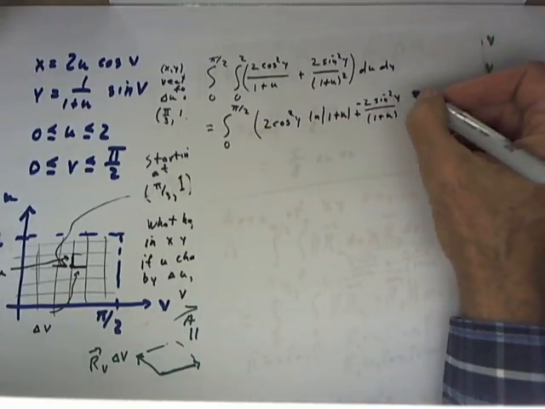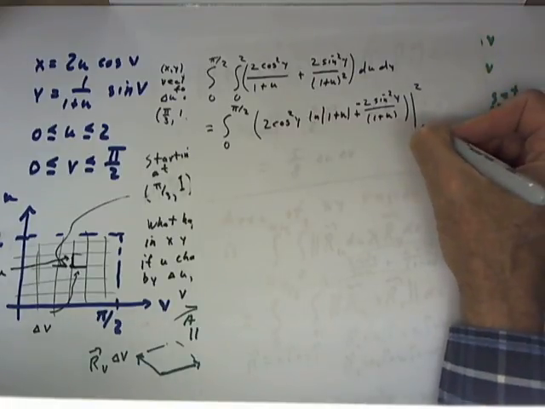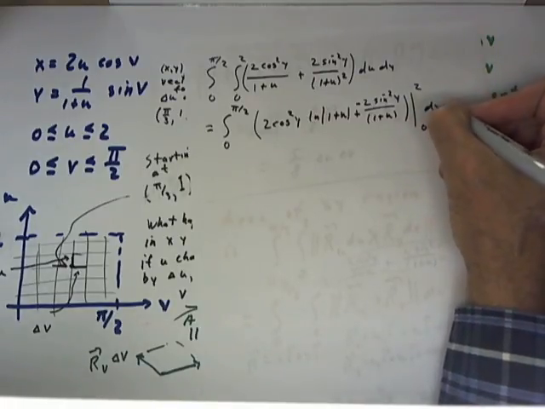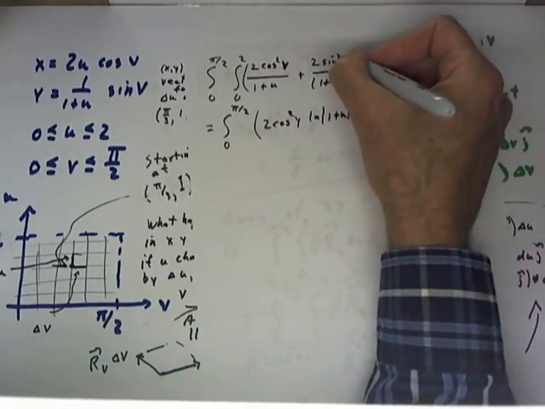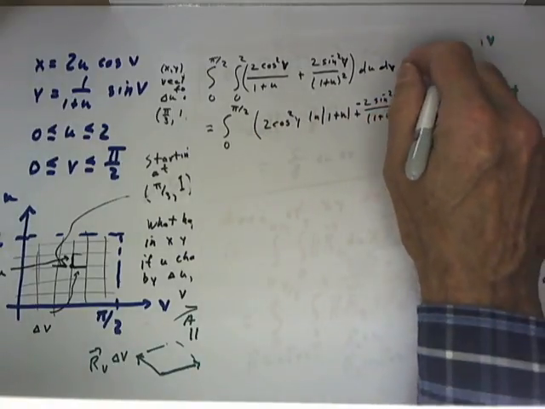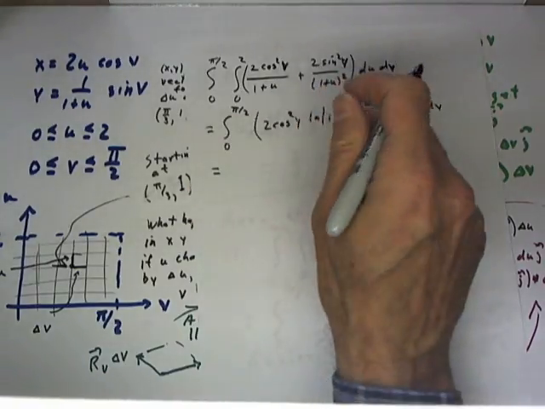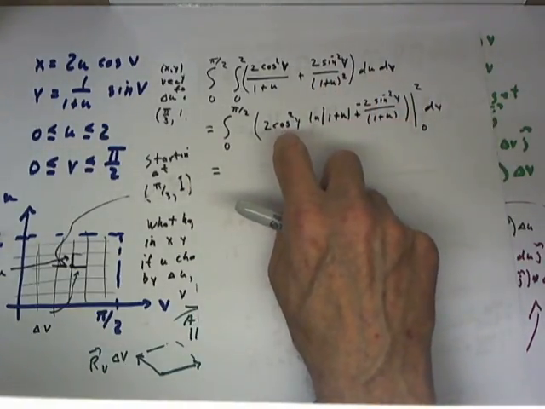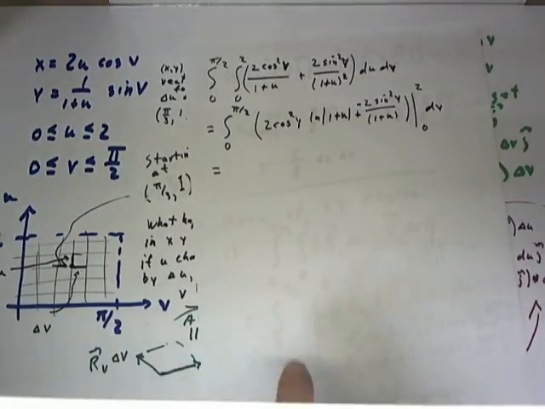This is all evaluated between 2 and 0, and then this should be v, not y, so let's change those y's to v's. This integral evaluated at these 2 points, integrated with respect to v, gives constants: a constant multiple of cosine squared v, and a constant multiple of sine squared v.